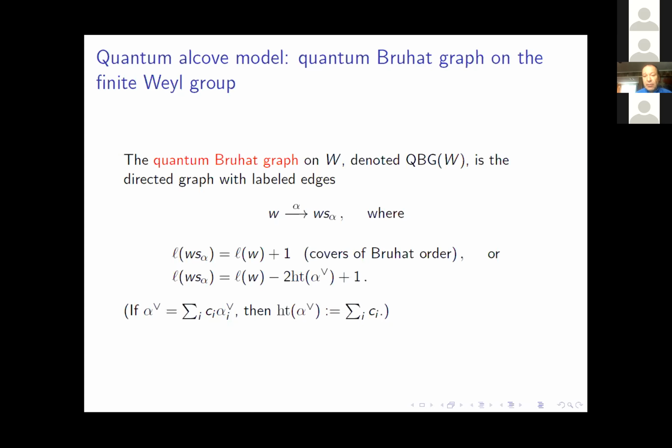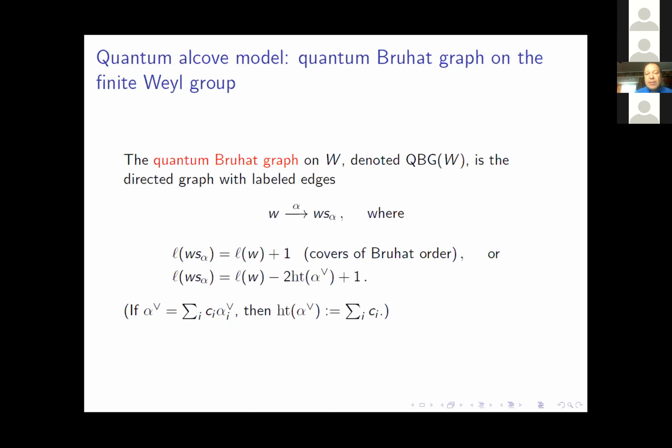So this is a directed graph on the vertices being the elements of the Weyl group. And we have edges going from an element w to w multiplied on the right by the reflection corresponding to the root alpha. And we label this edge by the root alpha whenever we have one of two conditions. So either the length increases by 1 upon application of s_alpha.